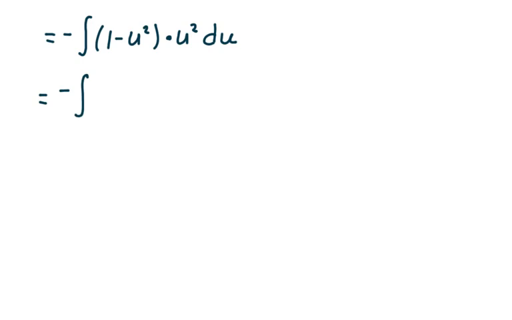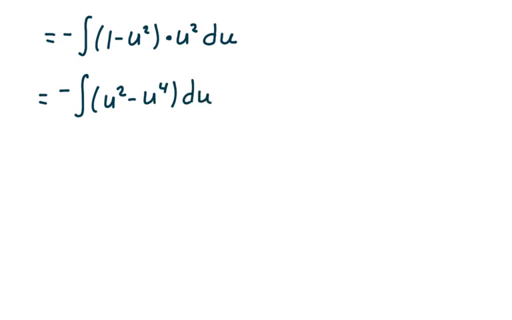From here, this is negative the integral of 1 minus u squared times u squared du. So this is negative the integral of u squared minus u to the fourth du.